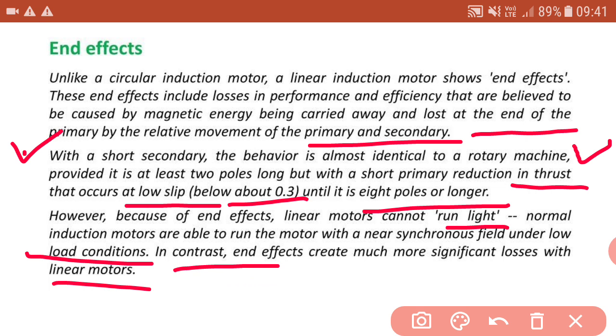So at no load there are many losses in a linear induction motor. We can run a normal induction motor at light load or at no load, but in a linear motor there are end effects, and in end effects there are some losses. So due to this there are significant losses.